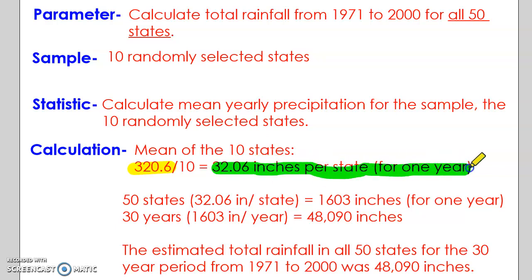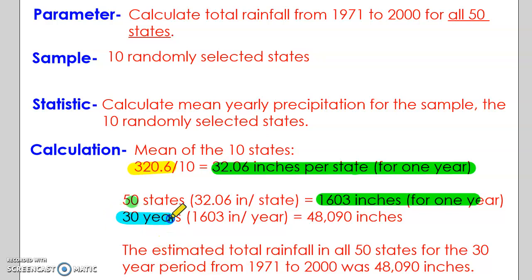But notice this is only for 1 year. Okay, so first of all, it's per state. So let's times this by 50 so we can see how much we get in 1 year for all 50 states. Okay, but now we need to take this into consideration over 30 years.